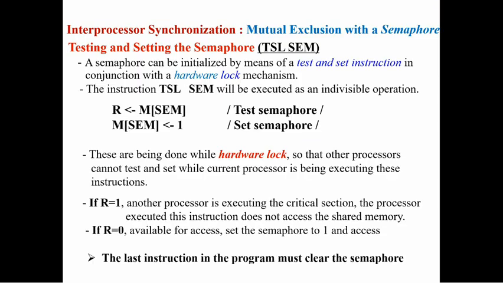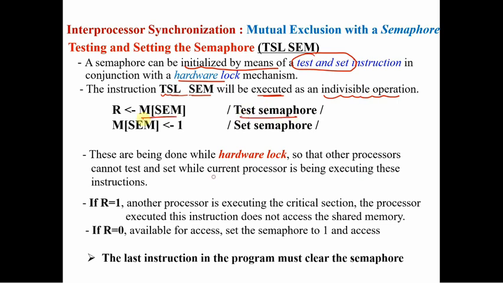Here you can understand that a semaphore can be initialized by means of a test and set instruction in conjunction with a hardware lock mechanism. The test and set lock instruction, TSL SEM, will be executed as an indivisible operation. So what is test semaphore?